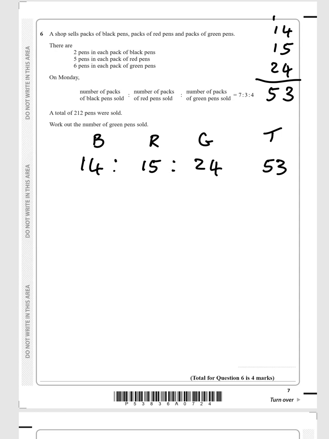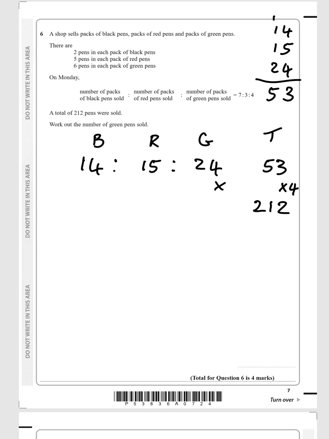Now, we need to get this to 212. So actually, if we did 212 divided by 53, it's 4 times bigger. So basically, all we need to do is multiply just the greens by 4.